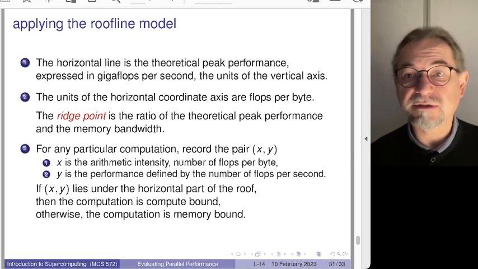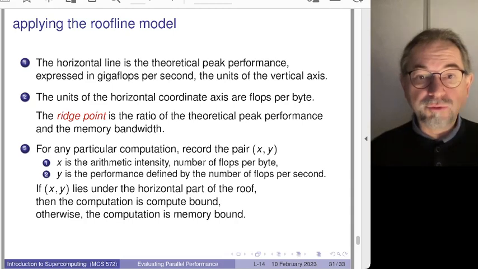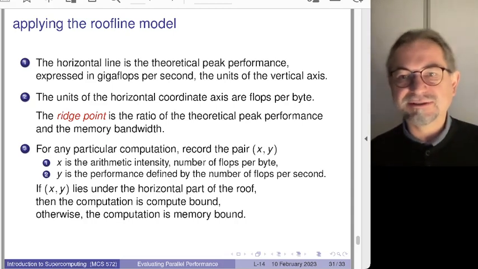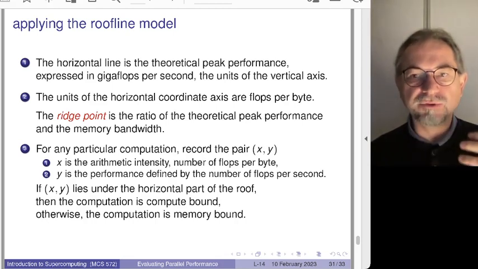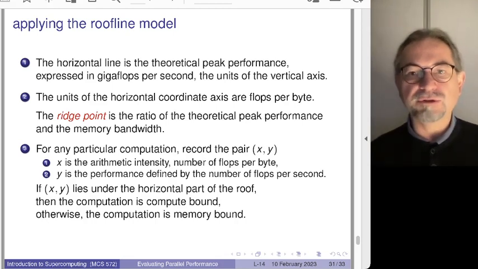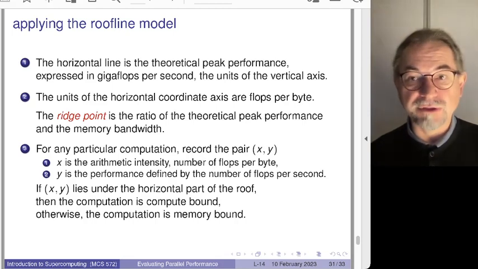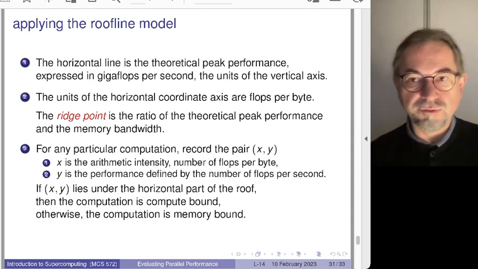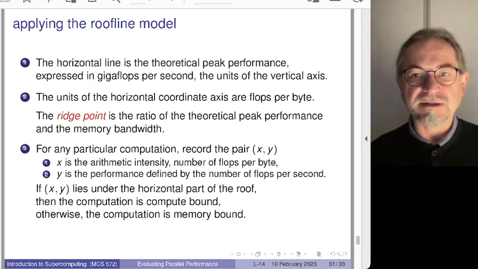So for any particular computation, you know your arithmetic intensity. So here I'm again working with scientific computing in mind. So you know how many floating point operations you have done during your computation. So that gives you the performance. So this you know, the y, but then also for any computation you can analyze the arithmetic intensity. So how many floating point operations per byte did you do?